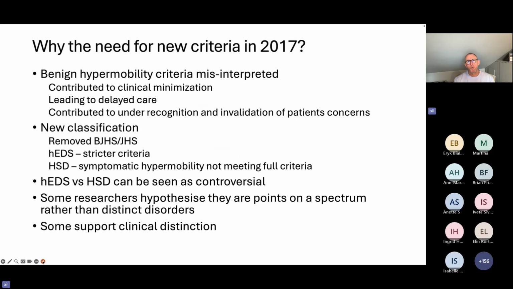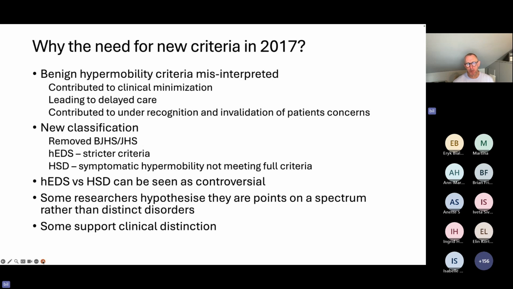So we really need to review the 2017 criteria because there's a whole bunch of different questions around this, and the benign hypermobility criteria are often misinterpreted by medical people, by friends, family, by coaches, and they contribute really to clinical minimization of people's symptoms, which can often lead to delayed care.